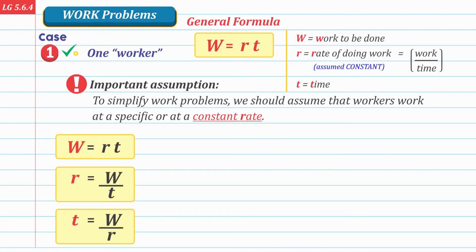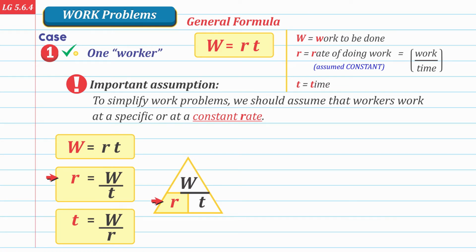Another way of figuring this out is by using a sort of magic triangle as shown. We just remember that W should be on top of the triangle while R and T should be placed below. To get work, we simply multiply the rate and time. To get the rate, again something we should memorize, simply divide work by time.